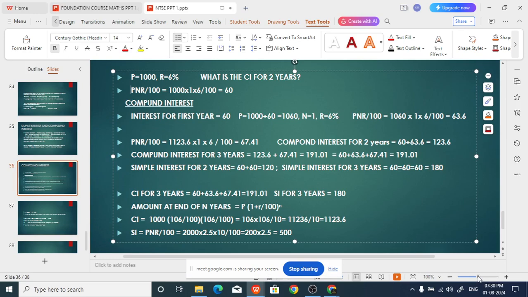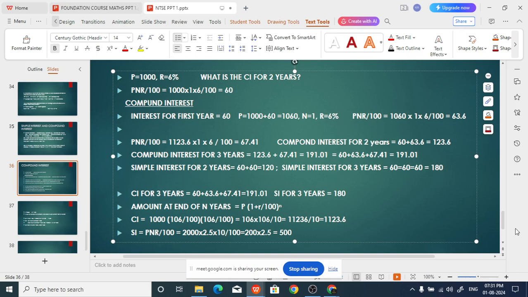So what is the total interest for 2 years on the compound interest basis? 60 plus 63.6, 123.6. Okay, now you find what is the interest for the third year.